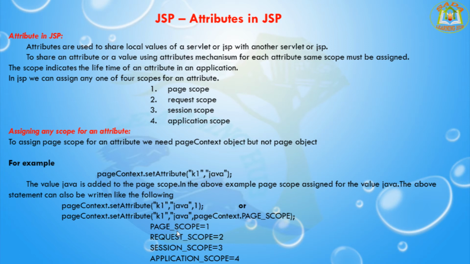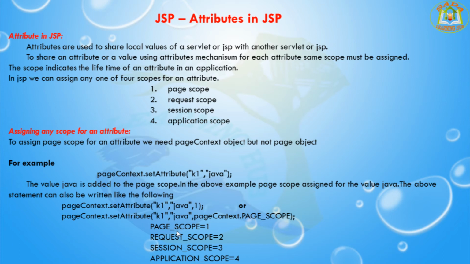See here, if you see the findAttribute method, the findAttribute method will check for the key in the given scope. If it does not exist, then it checks the higher level scopes, and if it is not found, then it returns null. For example, if you are using pageContext.findAttribute of k1, you are giving the attribute key name.